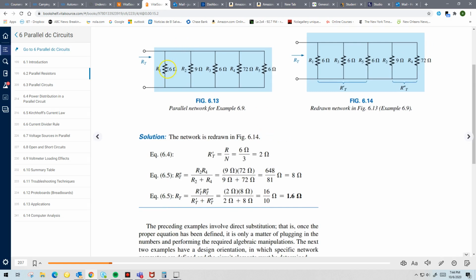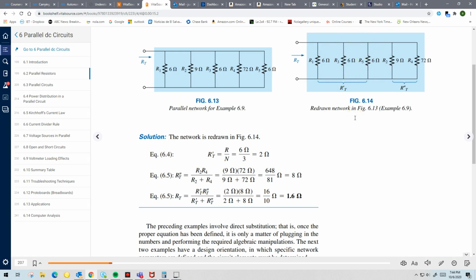So if you combine the 3 resistors of the same value, the 6, then applying the rule, we divide that 6 resistance by 3, because there are 3 of them, and that gives you a 2 ohm resistance. These 3 resistors can be combined into a single 2 ohm resistance that replaces those 3.